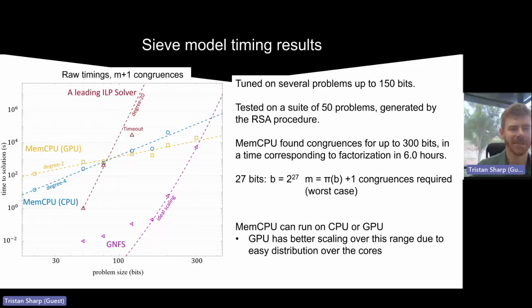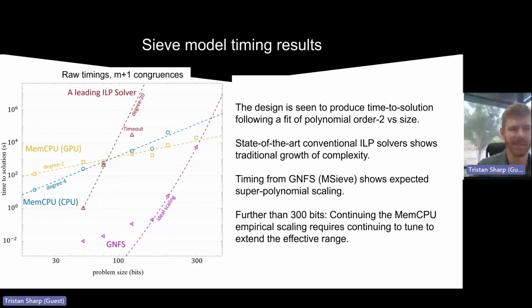We wanted to also see, as I have on the next slide, if you run the same ILP problem with state-of-the-art conventional ILP solvers, and you insist again on fitting a polynomial, you get degree 20. There's actually a timeout at the top where we didn't run long enough to get a really full scaling understanding of the leading ILP solver.